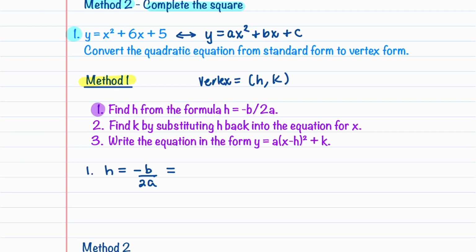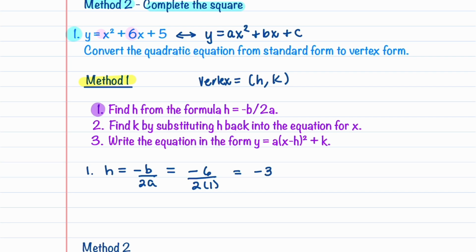Our formula is h is equal to minus b. b is the constant that multiplies our x term, and that's a 6. So we have a minus 6 on top, and then 2 times a, and a is the constant times x squared, which in this case is equal to 1. So it's 2 times 1, and we have minus 6 over 2, which gives us minus 3. So our h is minus 3.